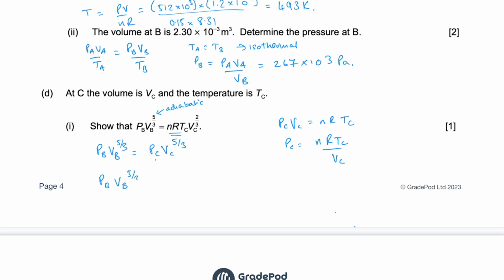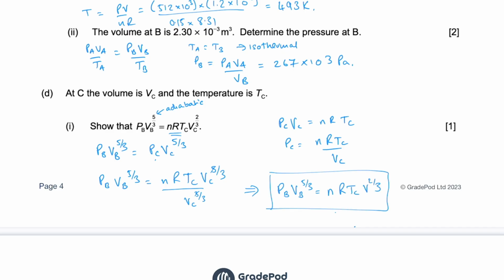PBVB^(5/3) is equal to nRTC VC^(5/3) over VC, which is the equivalent of VC^(2/3). So PBVB^(5/3) is equal to nRTC VC^(2/3).